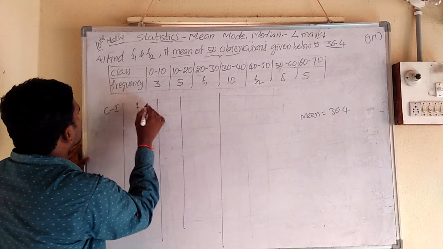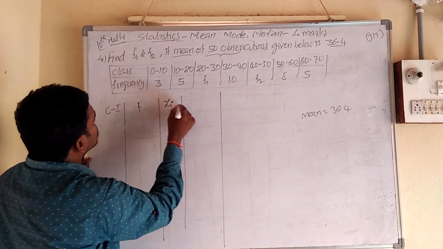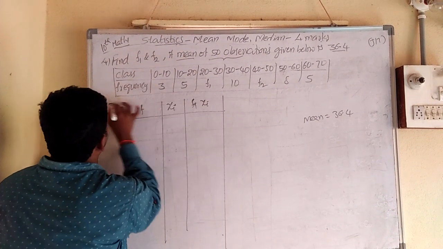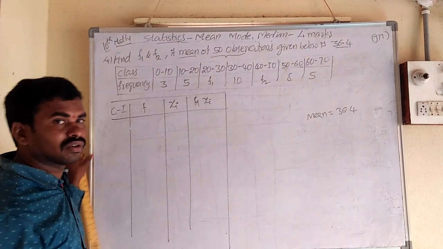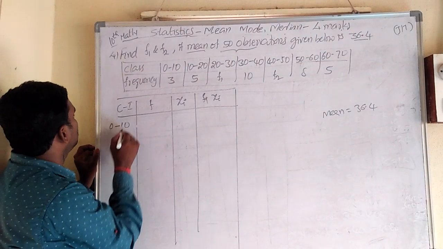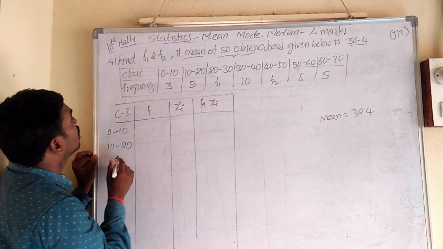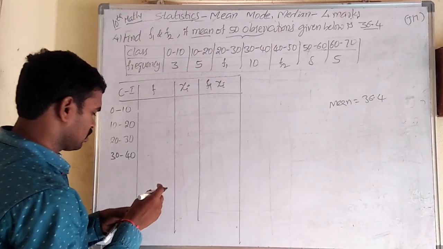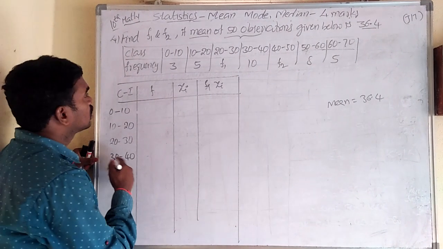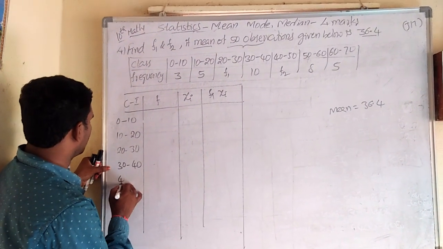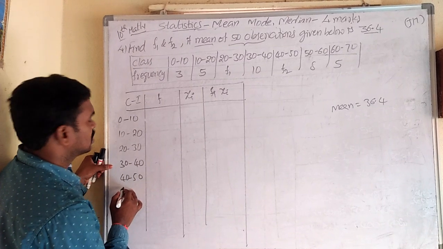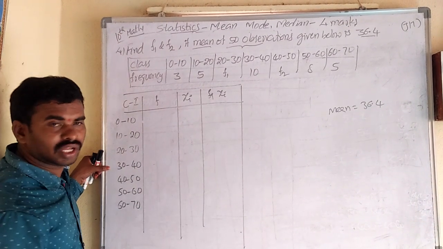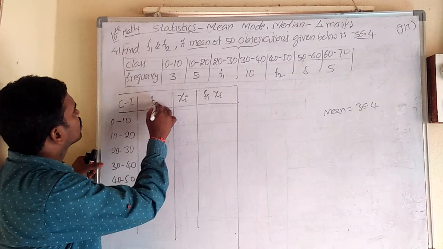Okay, frequency, xi values, fi xi values. Class intervals: 0 to 10. Next, 10 to 20. Next, 20 to 30. Okay. Next, 30 to 40. Next, 40 to 50. Next, 50 to 60. Next, 60 to 70.